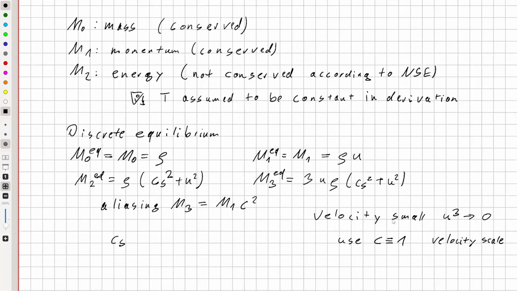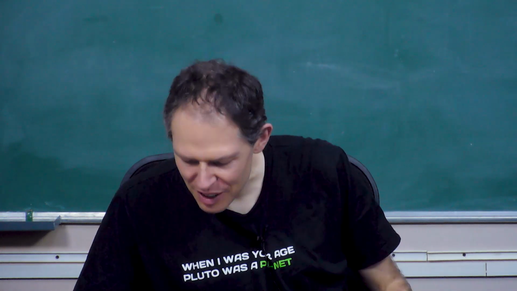You have to assume that the velocity is small. It is in so far different from the Navier-Stokes equation. It is the velocity in the Navier-Stokes equation, but it is given in units of delta x by delta t.